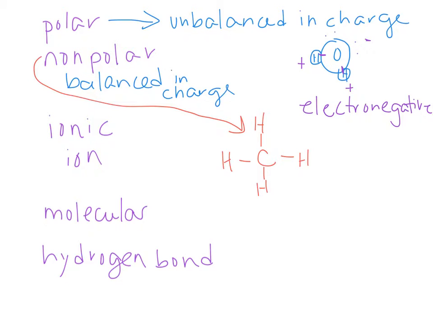The sharing of the electrons is very equal around the carbon atom. So this is a nonpolar molecule because even though carbon may be holding on to more of these electrons than the hydrogen, actually they share them pretty equally. Carbon and hydrogen are almost equally electronegative. So this is a very balanced molecule, and therefore it is nonpolar.